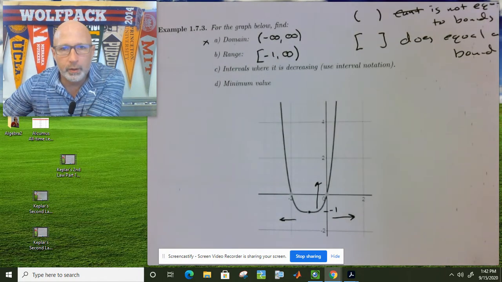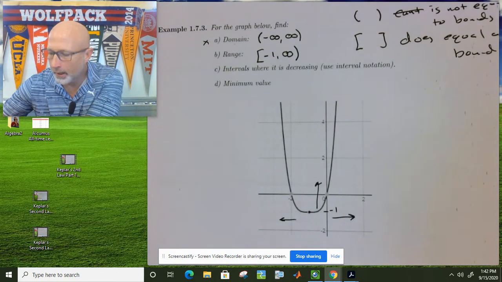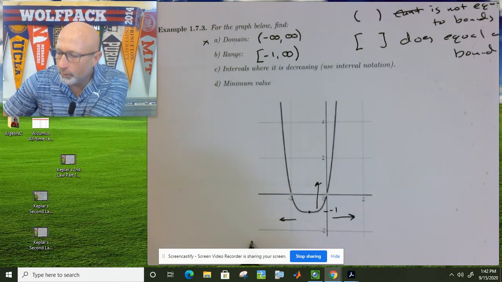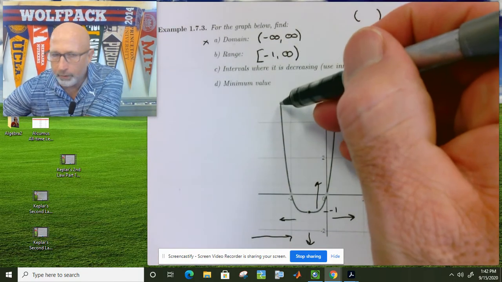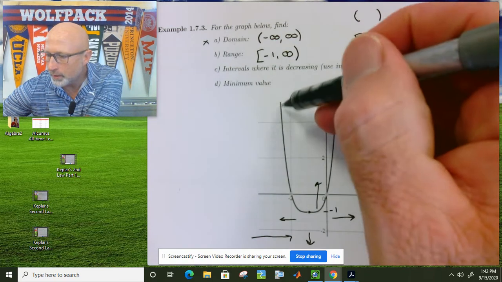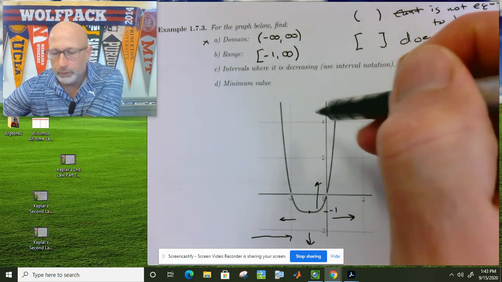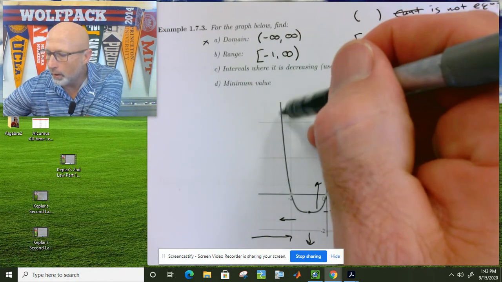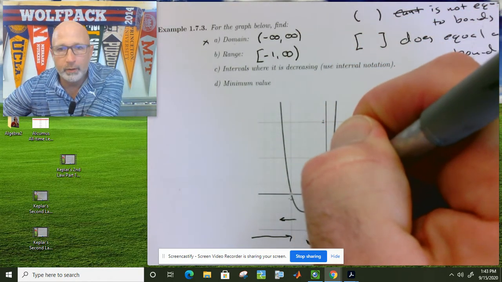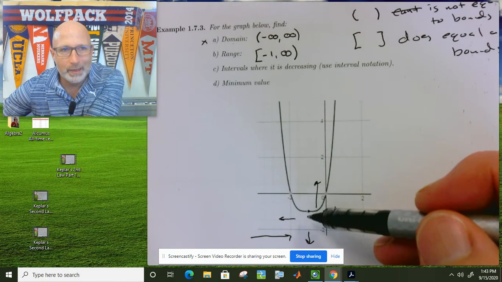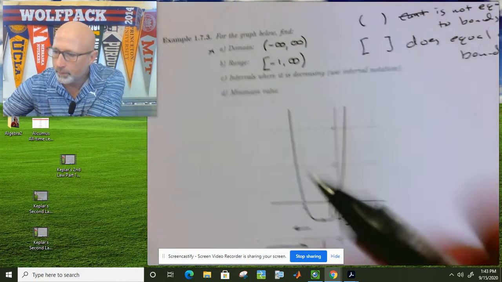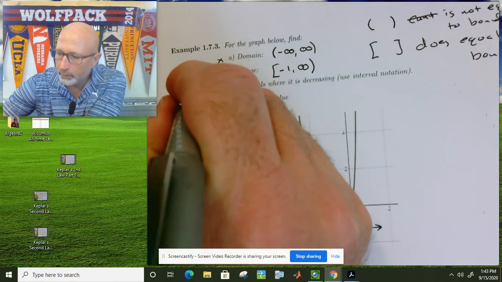Okay? Intervals where the function is decreasing. Decreasing means as it goes from left to right, it has to be going down. So if you follow the graph, as you go from left to right, it's going down, down, down, and then it goes back up again. So in other words, from this point all the way until this point is where it is decreasing, and that means the x values.